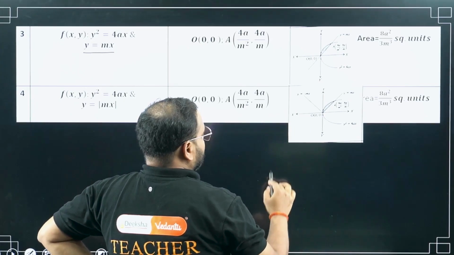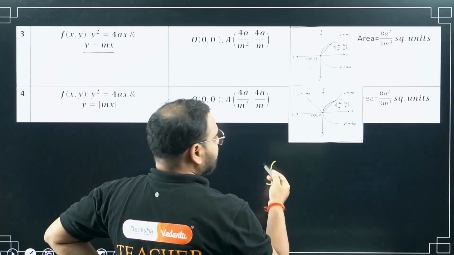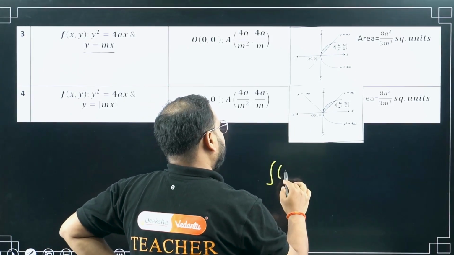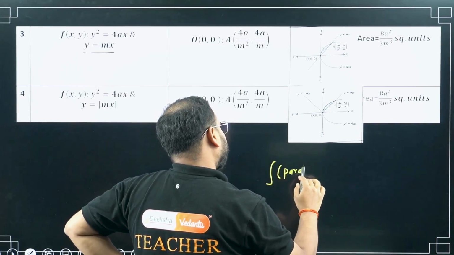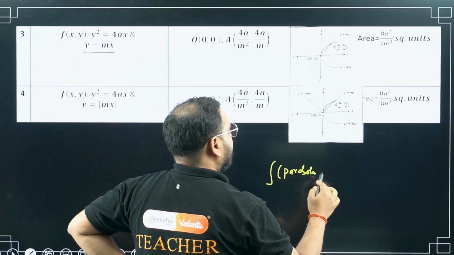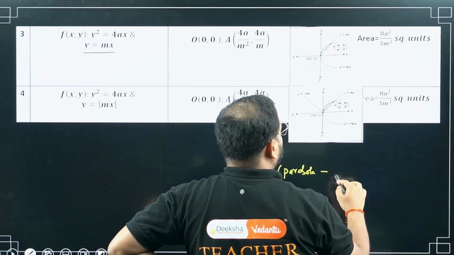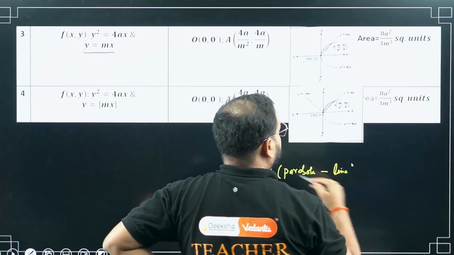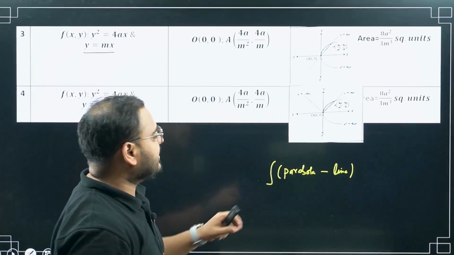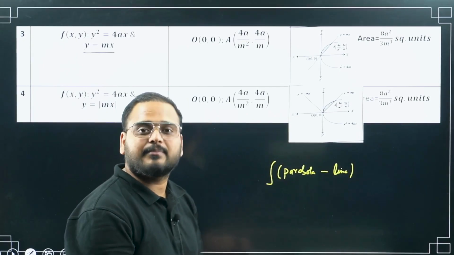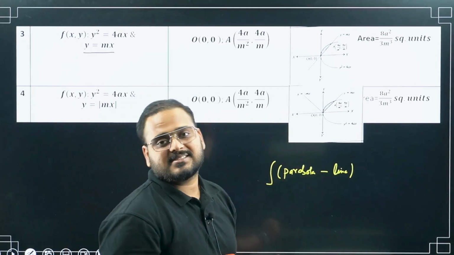We'll take the integration limits, which we'll see. We'll take the parabola first, and then minus line. In the previous case the line was coming first and the parabola next, but in this case it is parabola minus line.